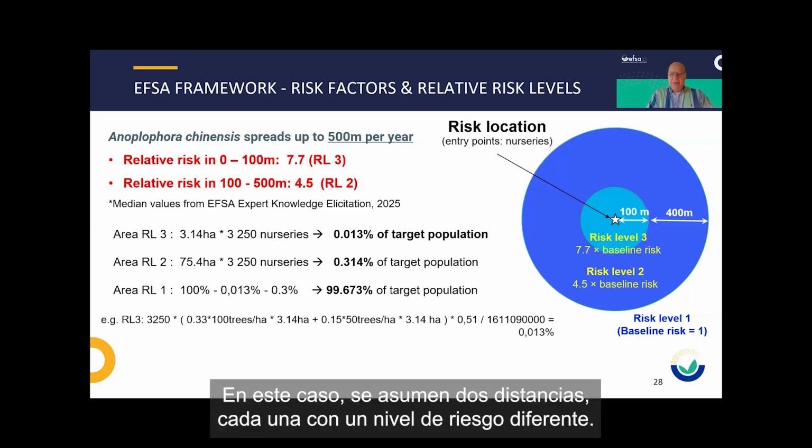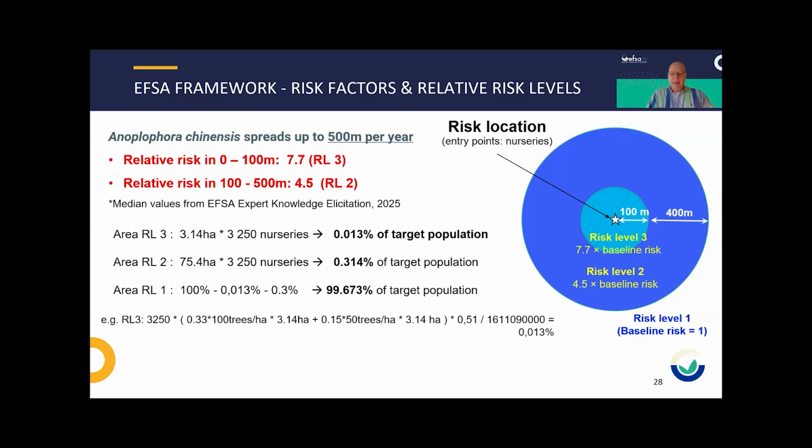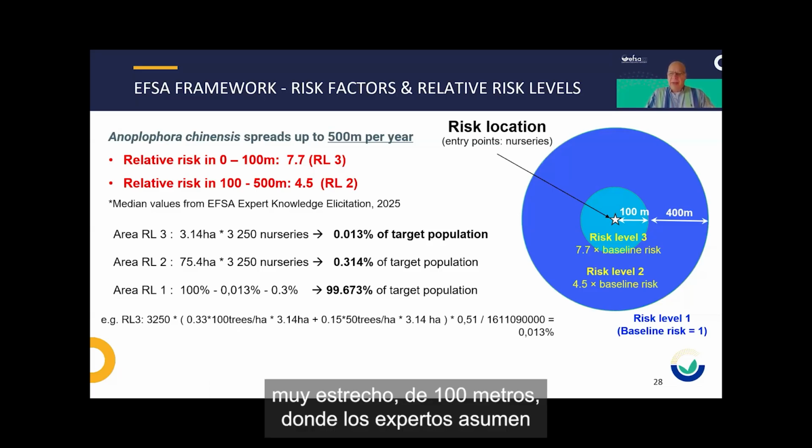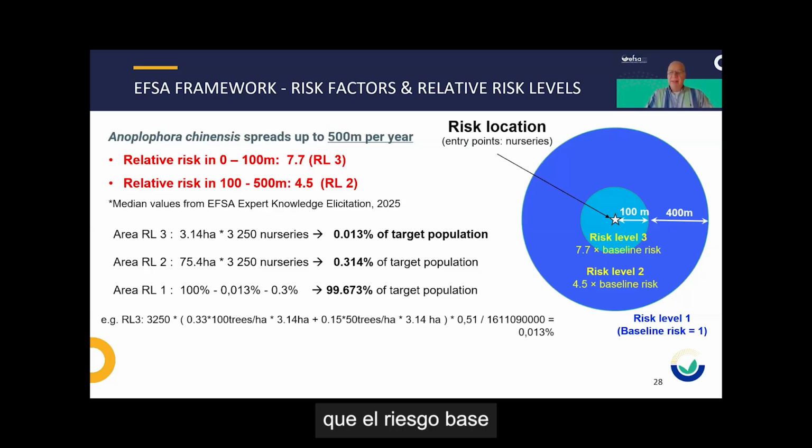And we have 2 distances with different risk levels assumed. The first one is the very narrow range of 100 meters, where the experts assume that the risk inside this area is 7.7 times higher than the baseline risk.